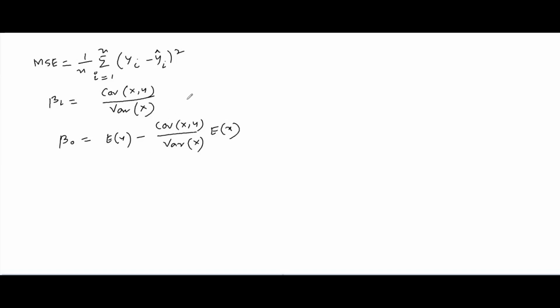So this will be our beta 1 and beta 0 after doing all the calculation by the least square method. Okay, so this is the way we find beta 0 and beta 1.